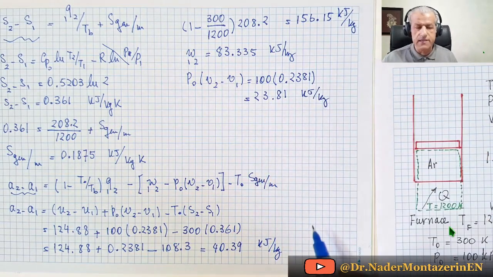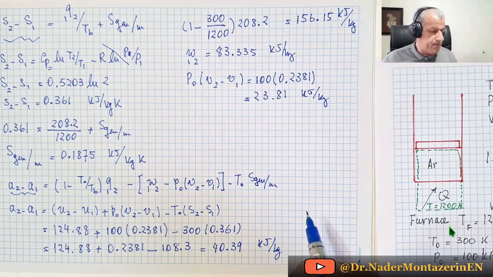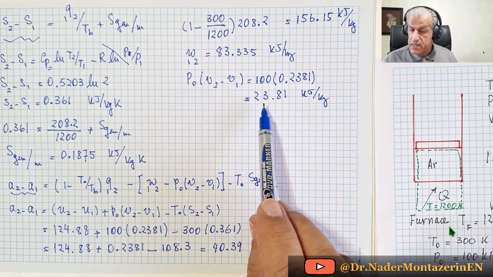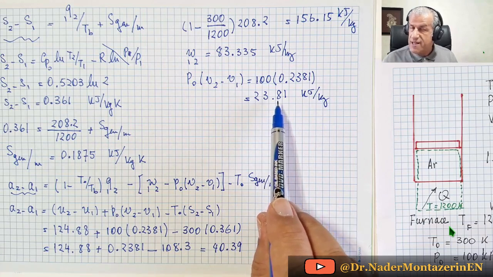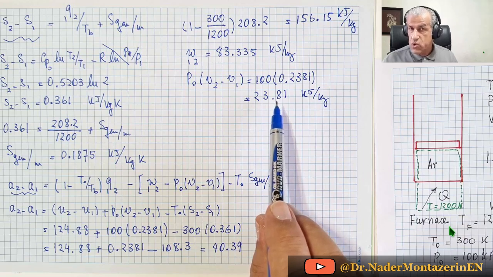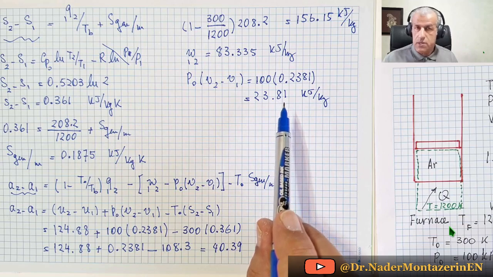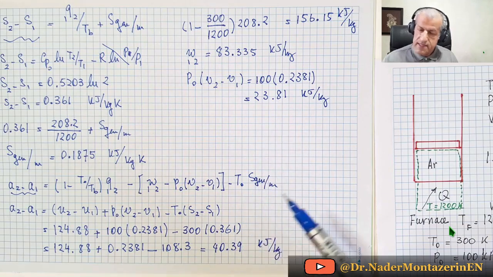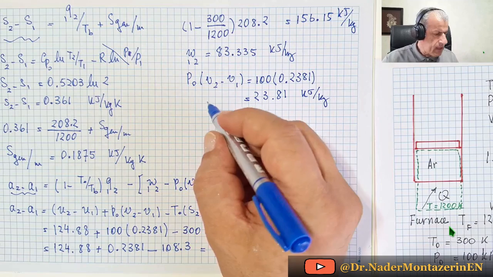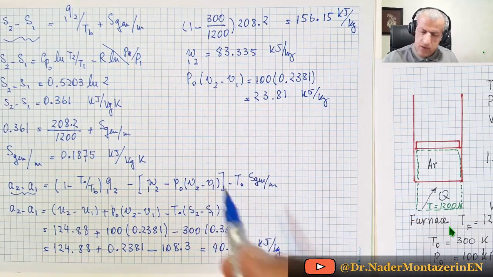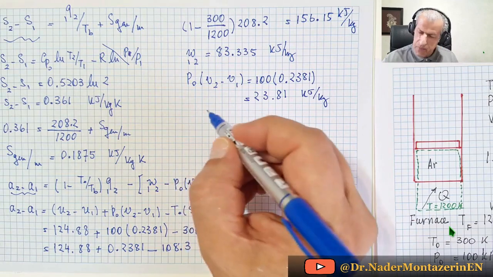As I said, this is the availability that is stored in the atmosphere, which could return should the argon wish to return to its dead state.